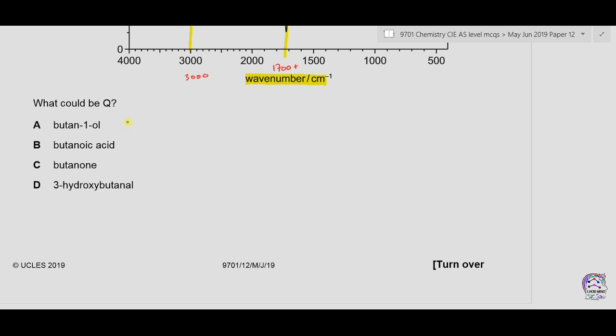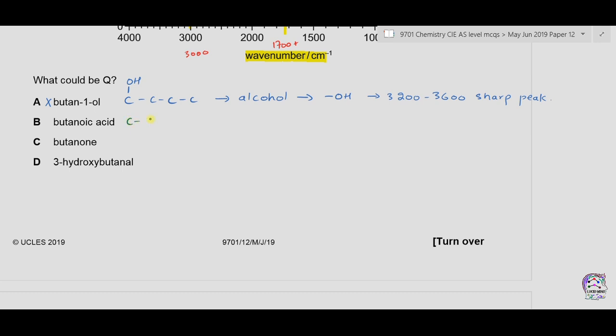A is butan-1-ol, so we have 4 carbon atoms and alcohol is on first carbon atom. As this is alcohol, and according to data booklet, in alcohol the OH functional group corresponds to 3200 to 3600 sharp peak. As there is no such peak present in this compound, so therefore it is not butan-1-ol. B is butanoic acid.